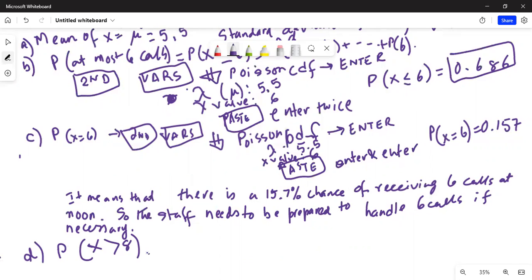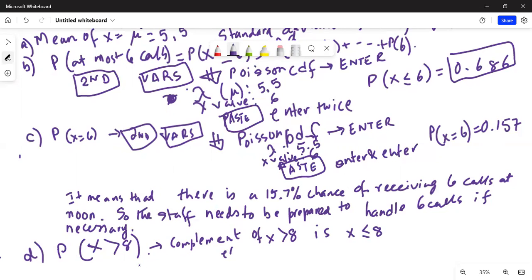The complement rule states that the probability of an event is 1 minus the probability of its complement. Now the complement of x greater than 8 is x less than or equal to 8.